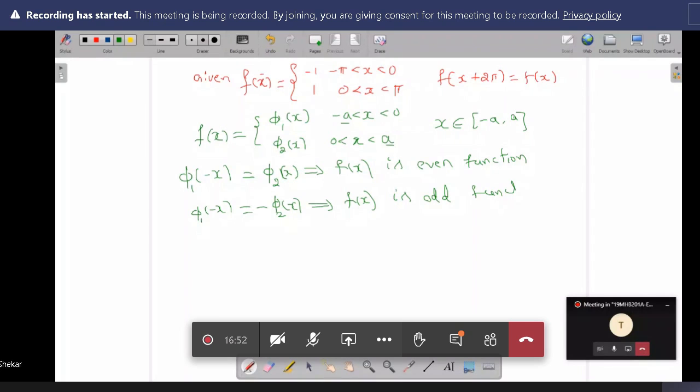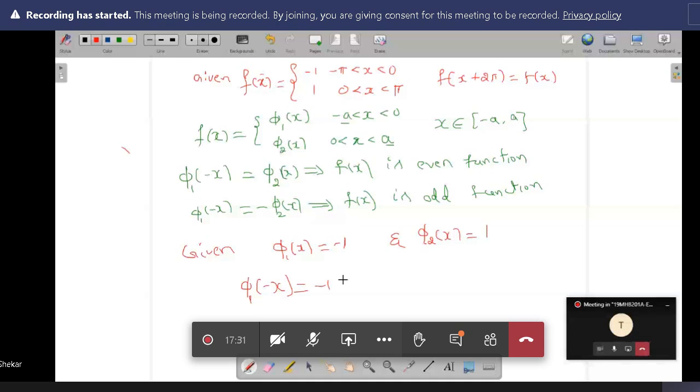Now based on this, in the given example, phi1 of x is negative 1, and phi2 of x is plus 1, that is 1. Now I replace x with minus x in phi1. Since it is a constant, it is minus 1 itself.